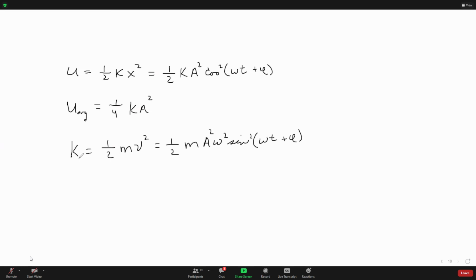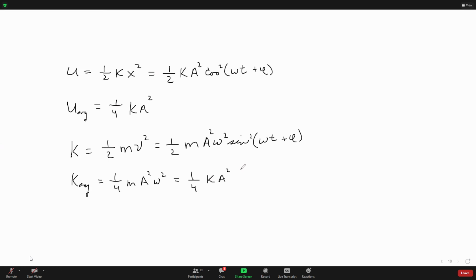And what is the average value of kinetic energy? Well, the average value of the sine squared is 1/2. So that's 1/4 m a squared omega squared. But remember, omega squared is k over m. So the average value of the kinetic energy is 1/4 k a squared.